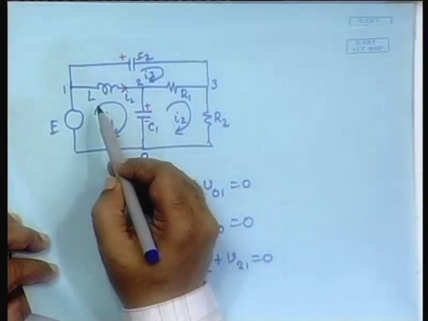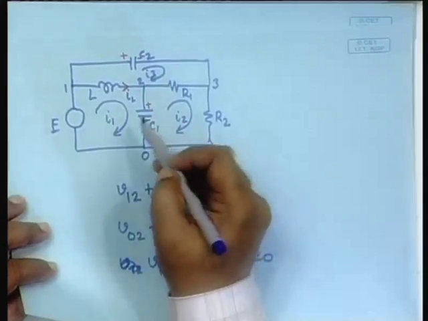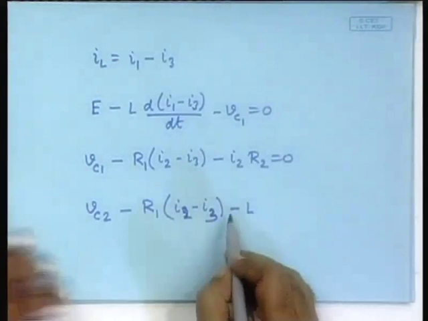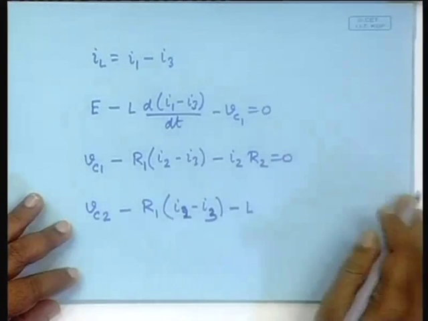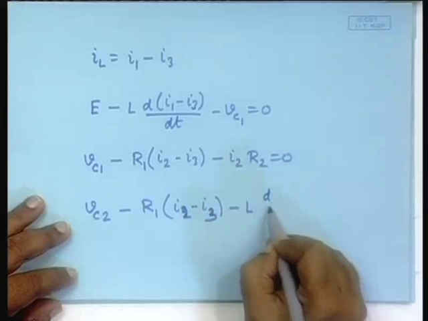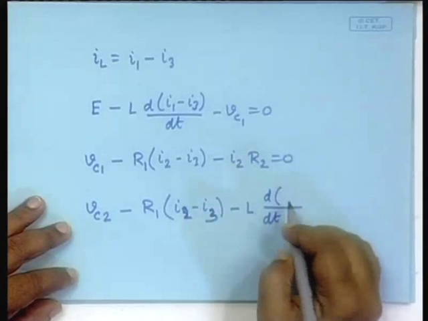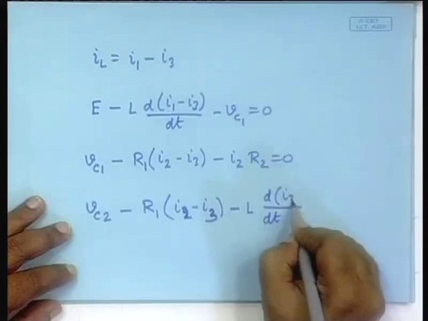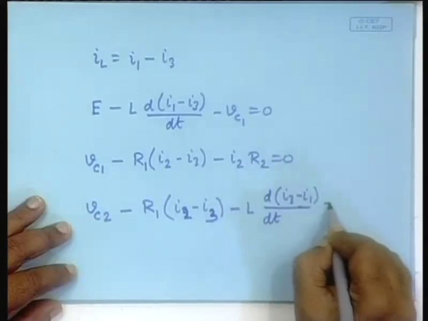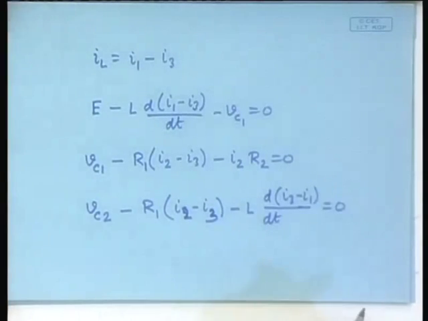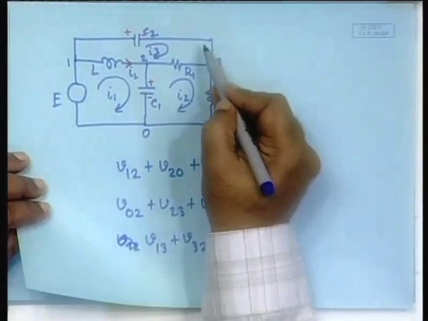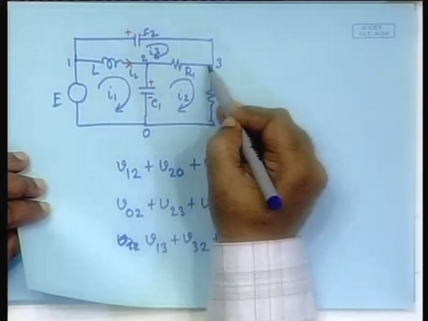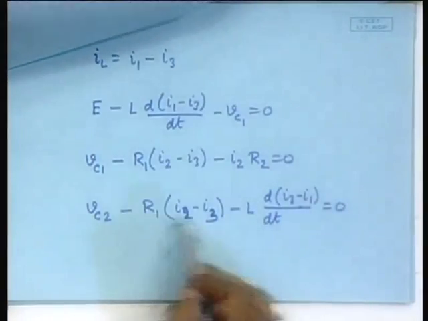So, either you put plus of this or minus of this. So, be careful about it. If I write minus here, it is L d dt of I3 minus I1. Vc2 up, going down, plus minus minus.